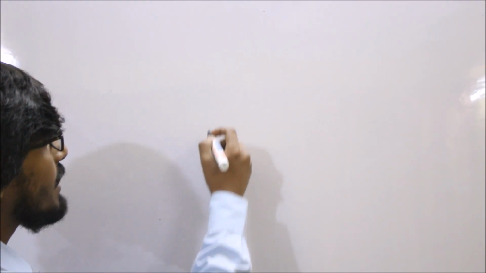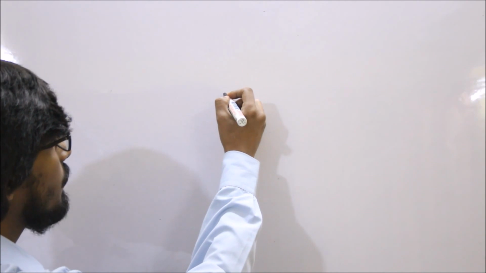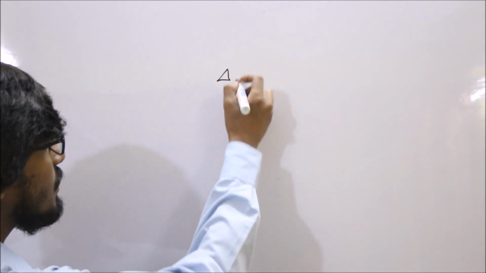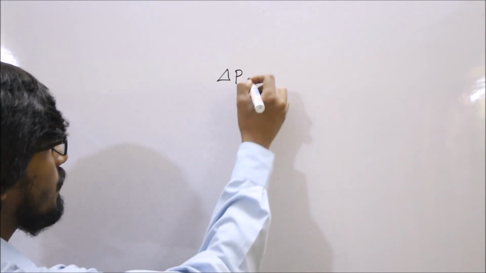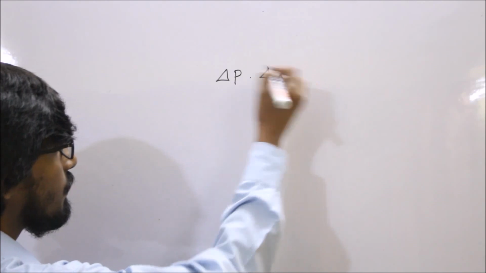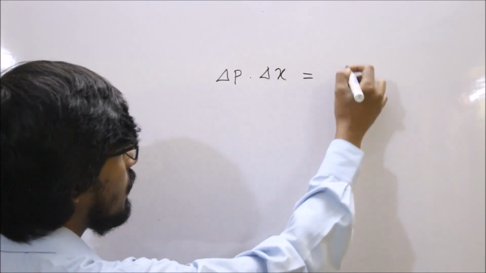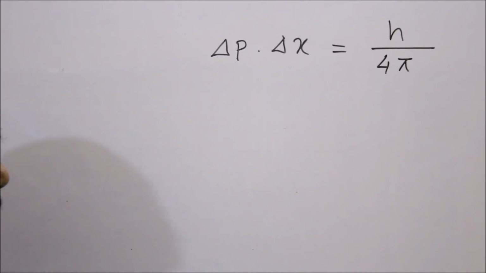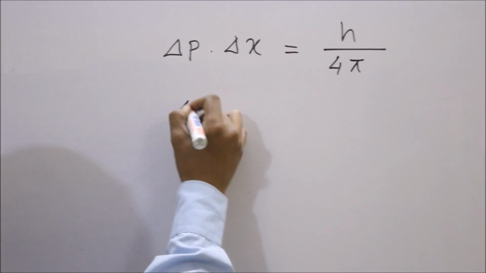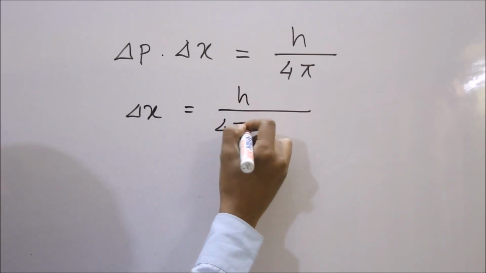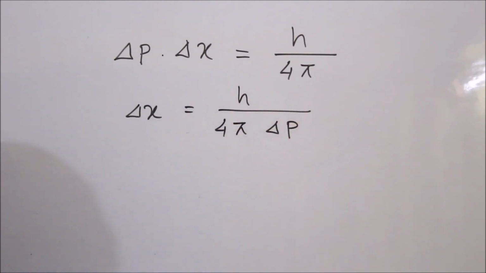Now according to Heisenberg uncertainty principle, the product of the uncertainty in momentum and the uncertainty in position will be equal to h by 4 pi. Now delta x will be h by 4 pi into delta p.